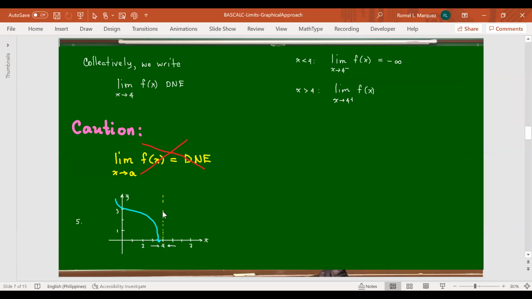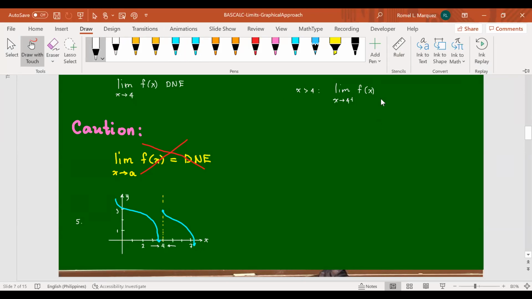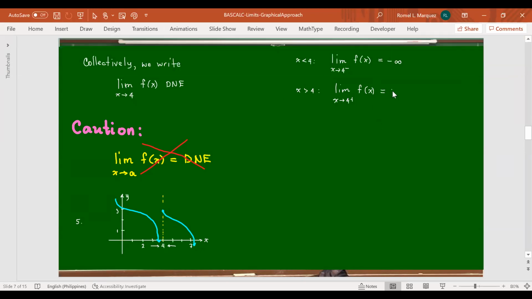Let's say it's somewhere here. Oh, what is now the limit coming from the right? 3 po. Positive 3, right? So coming from the right, the limit exists. Coming from the left, the limit does not exist. Actually, it's negative infinity.